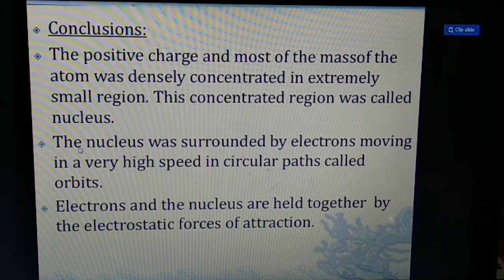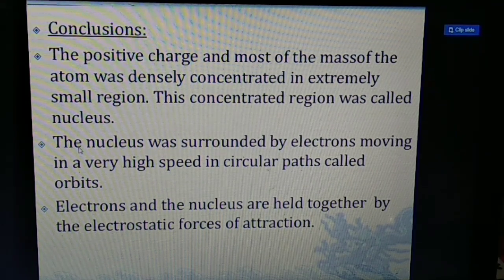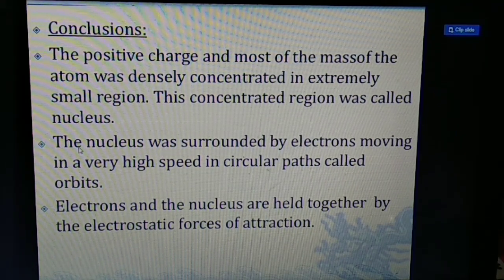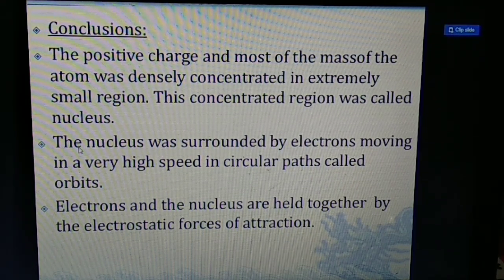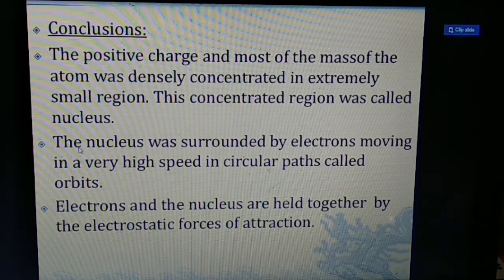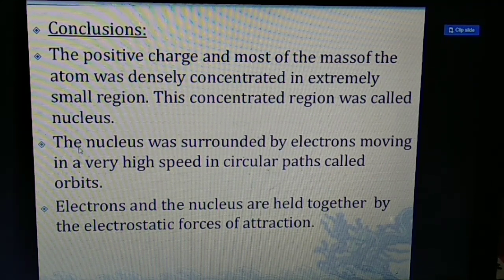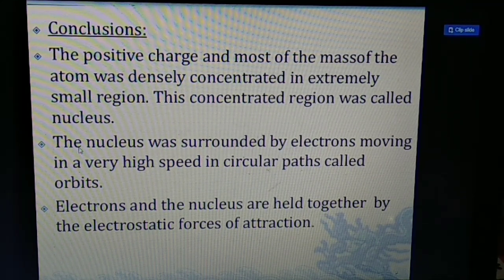Electrons and nucleus are held together by the electrostatic force of attraction. These were the conclusions after observation of the alpha ray scattering experiment. So the Thomson model and Rutherford's model, I think in standard 9 you have done and understood 100%.